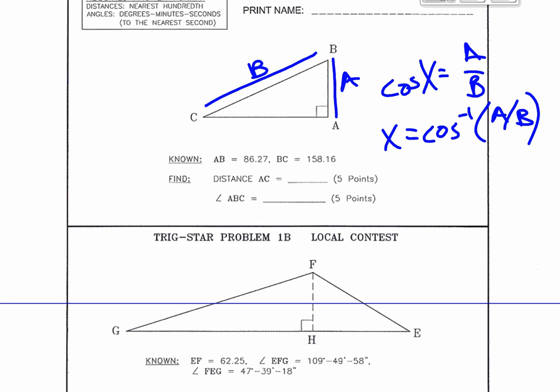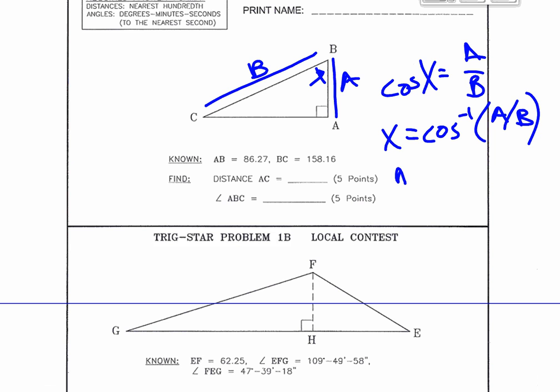And then that'll give you that missing angle, which is angle ABC right here, which I called X. And then just a reminder, when you get that answer, to convert it into degrees, minutes, and seconds.